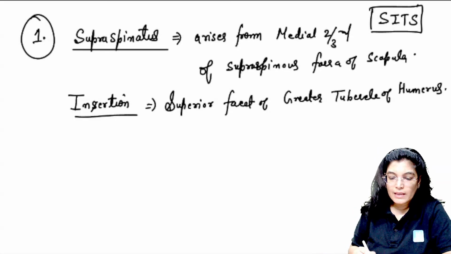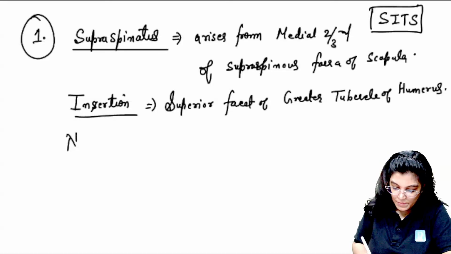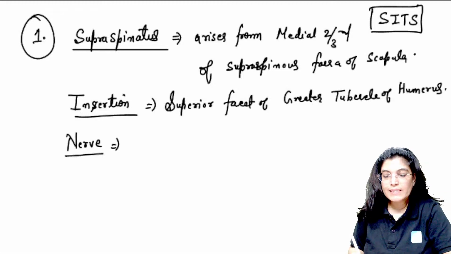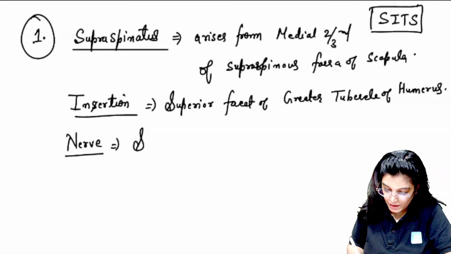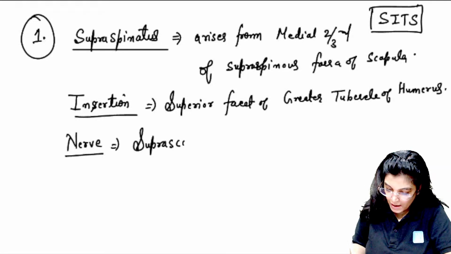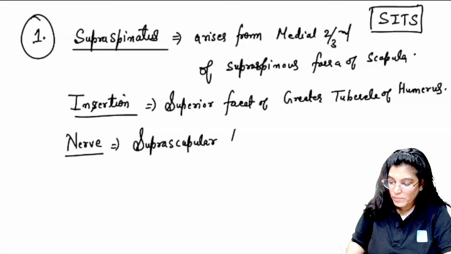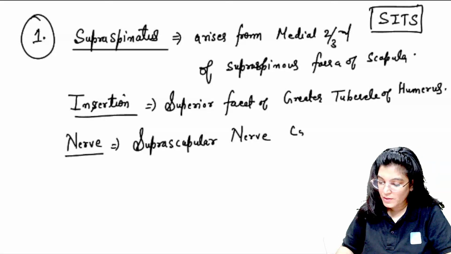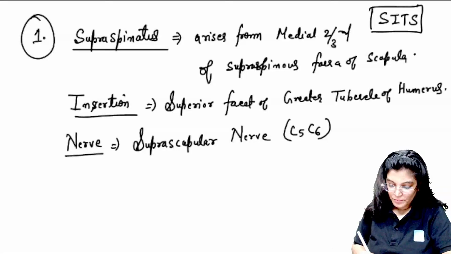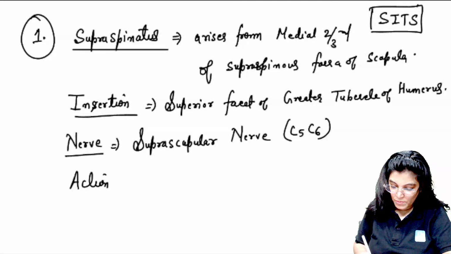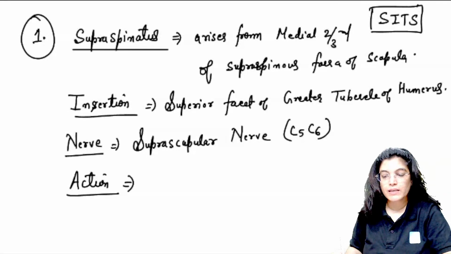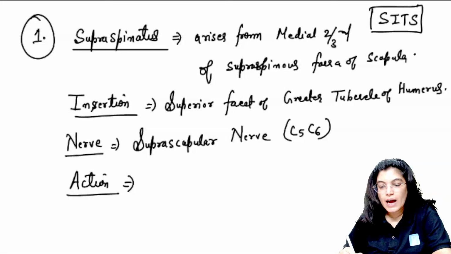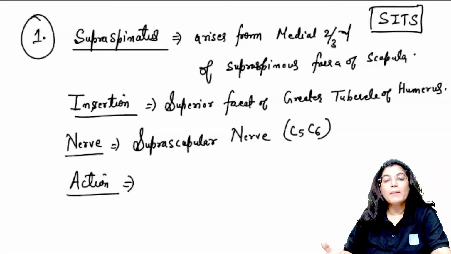Got it? Now let's talk about its nerve supply and action. Nerve supply: it receives innervation from the suprascapular nerve. If you remember the class on the brachial plexus, the suprascapular nerve is a branch from the upper trunk of the brachial plexus, having the root value C5 and C6. Action: a very important action of the supraspinatus muscle is initiating abduction of the arm.